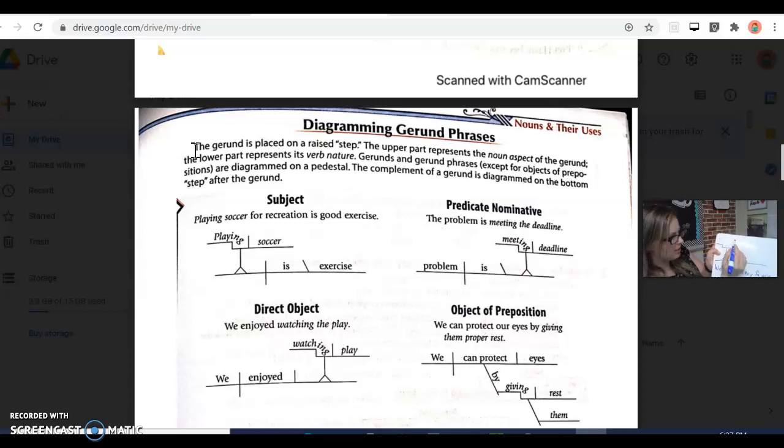So the noun part of the verb is walk. And what kind of descends down is the ing. And that shows that it looks like a verb, but it's not really acting like a verb. Walking fast. Walking, maybe we could say the track.